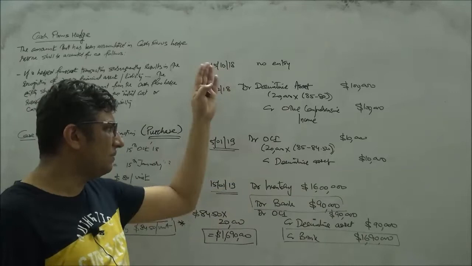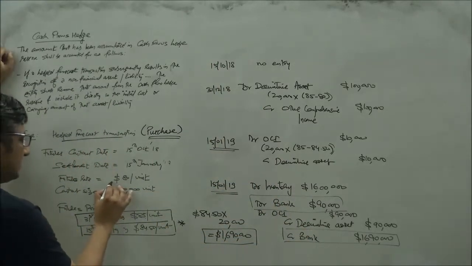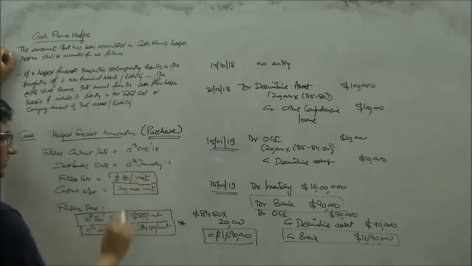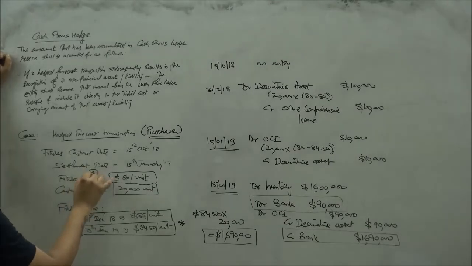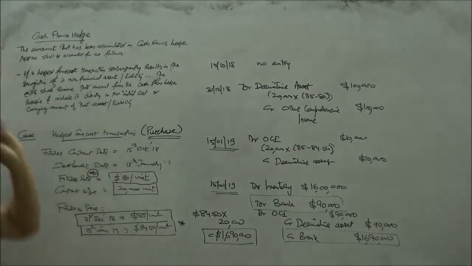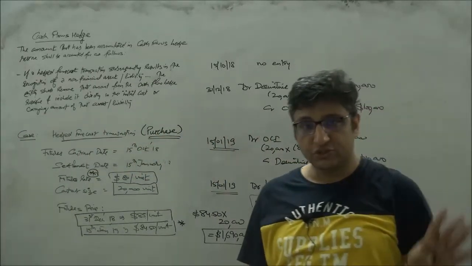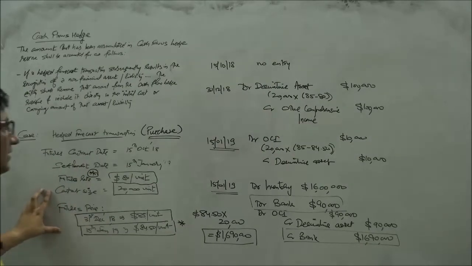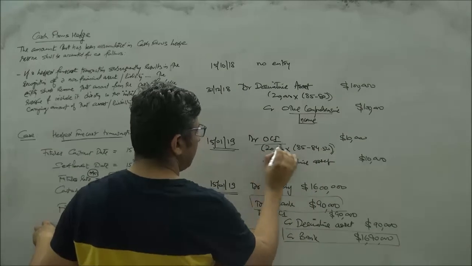So what does it all mean? We are simply saying that, look, essentially I'm only going to pay $80 per unit, right? But this contract in itself could be an asset or a liability for me until the settlement has taken place. So what shall I do? I should be looking for the movements in the value of this contract and park it in other comprehensive income until the settlement happens.